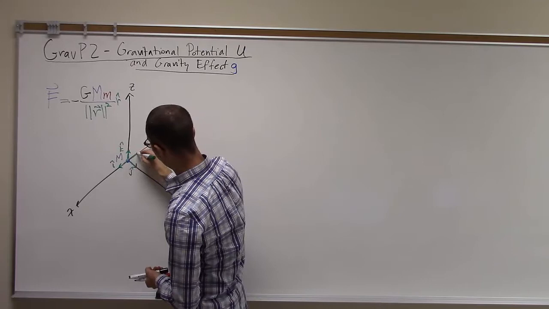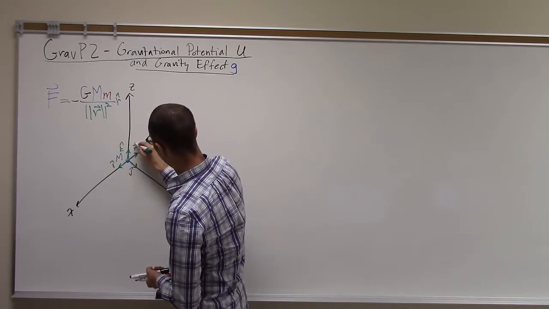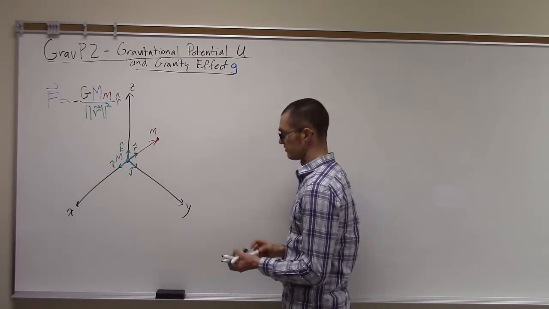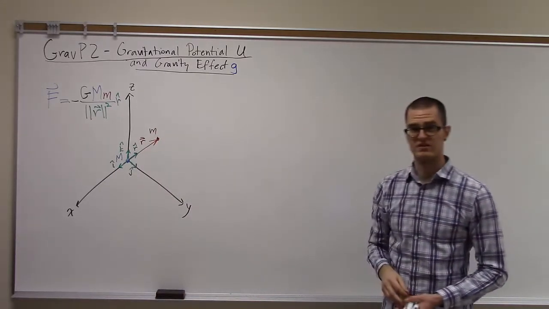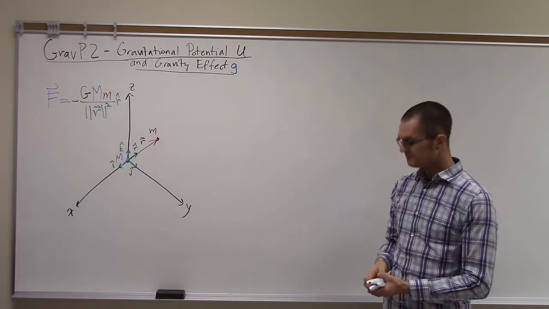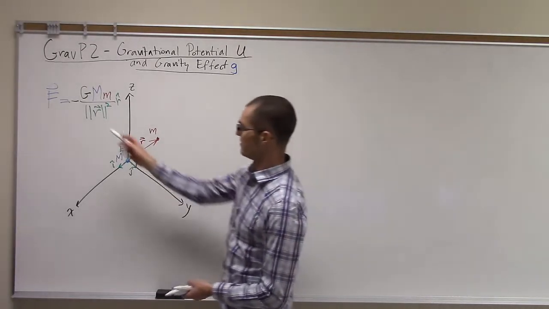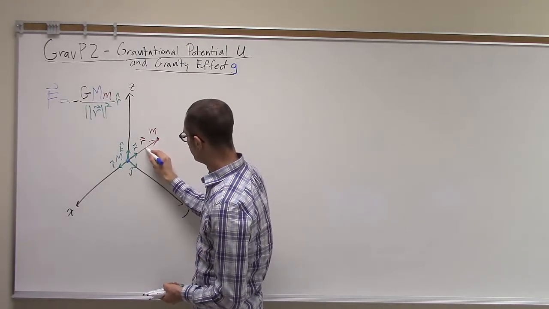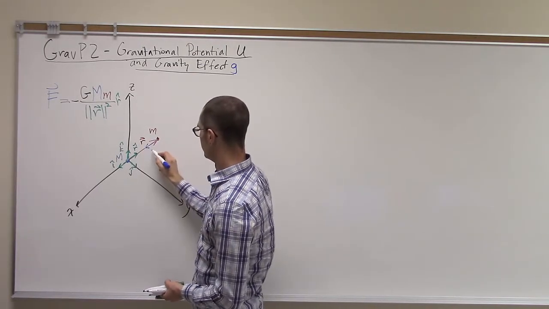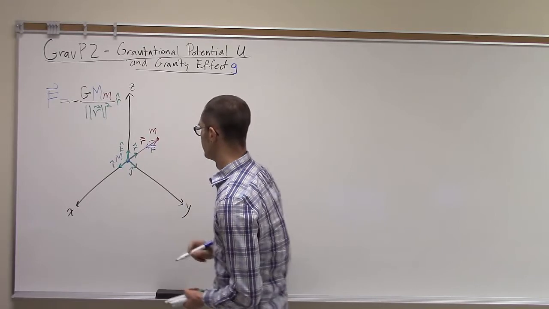R hat is the unit vector in that direction. I'll call this one r, and the unit vector in the same direction, r hat. And based on this law here, F points back in the opposite direction here. I'll call this F.